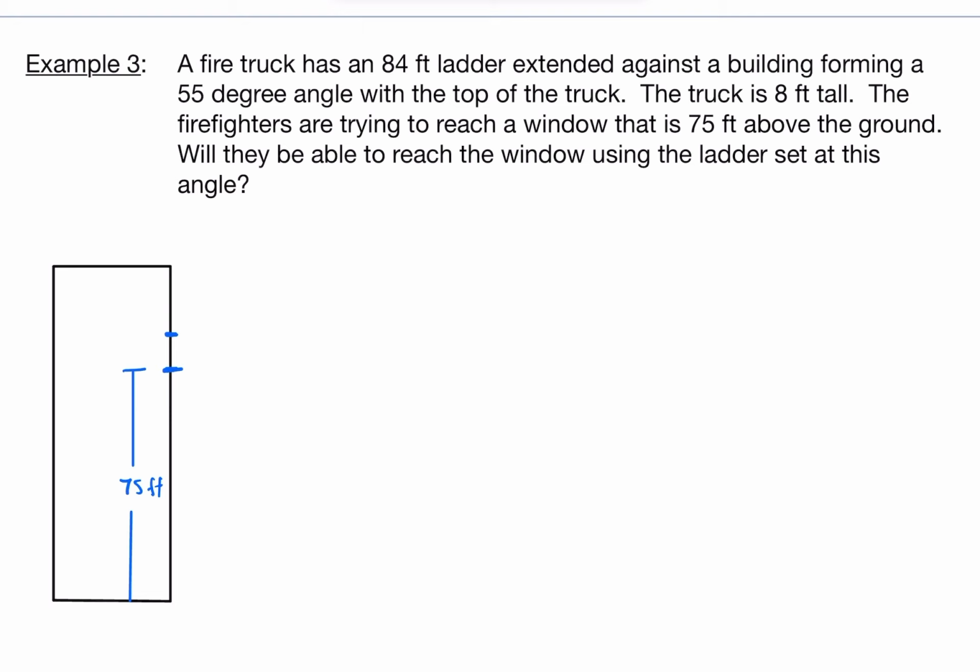So we've established that the window is 75 feet above the ground, and we also have a fire truck. Let's draw a very simple fire truck. We got a fire truck here.